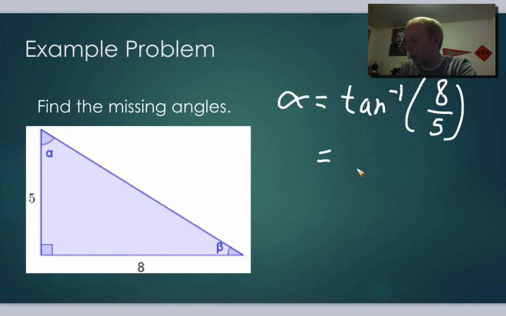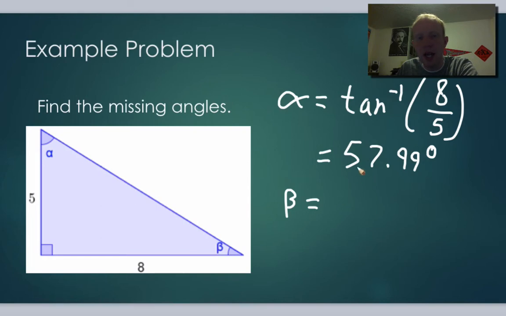Plug that into your calculator. 8 divided by 5. Tangent inverse of 8 divided by 5. You should get 57.99 degrees. And then if you do beta as tangent inverse, so beta right there, tangent inverse would be 5 over 8, right? So tangent inverse of opposite over adjacent. Opposite is 5.